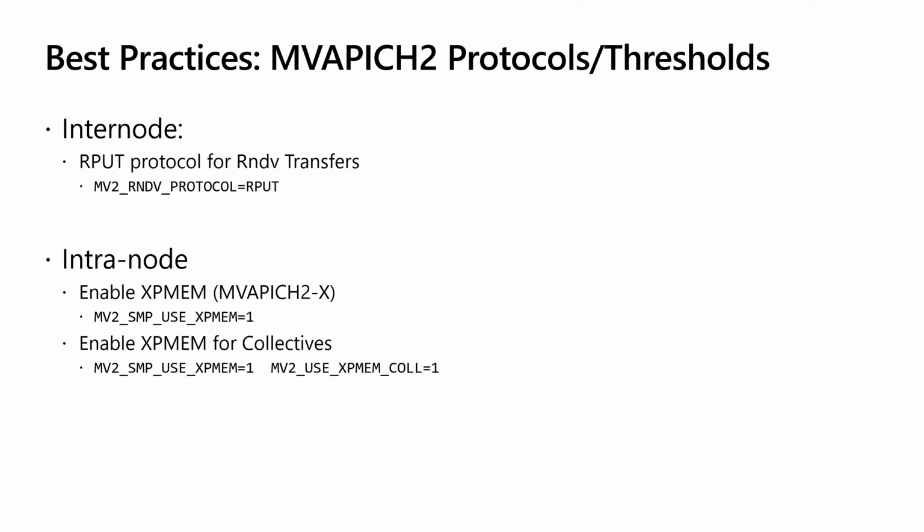One note is that XPMEM is not installed by default on the HPC VM images because of some license issues, but users can select and install XPMEM, and that's not an issue.